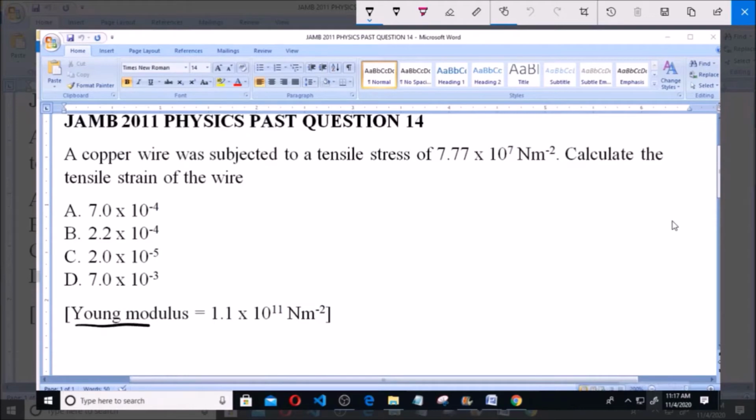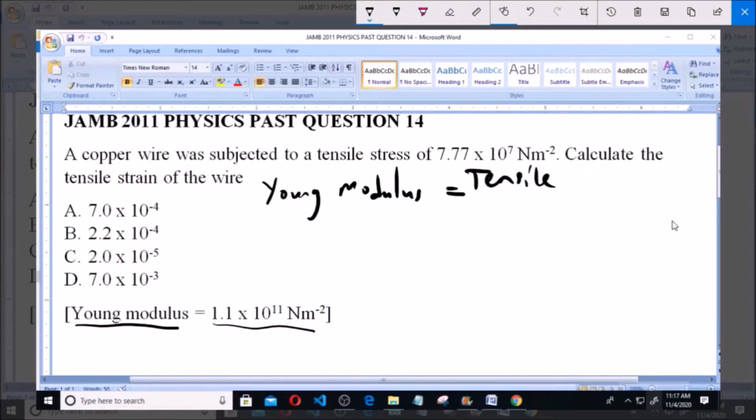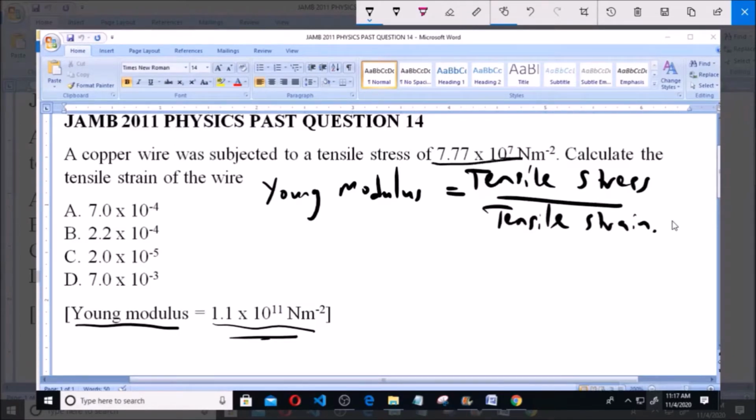And we are given the value of Young modulus as 1.1 times 10 raised to power 11 Newton per meter square. Now, Young modulus is mathematically given as tensile stress over tensile strain. We have the values of Young modulus and tensile stress, so all we need to do is make tensile strain the subject of the formula.